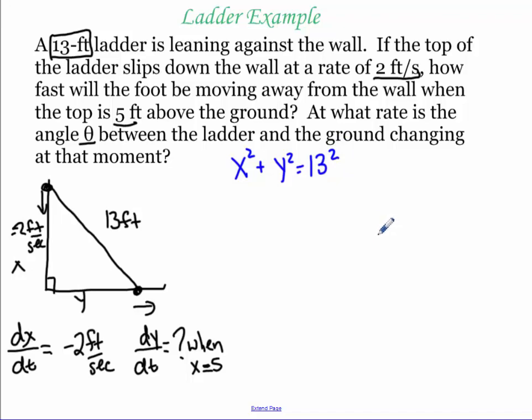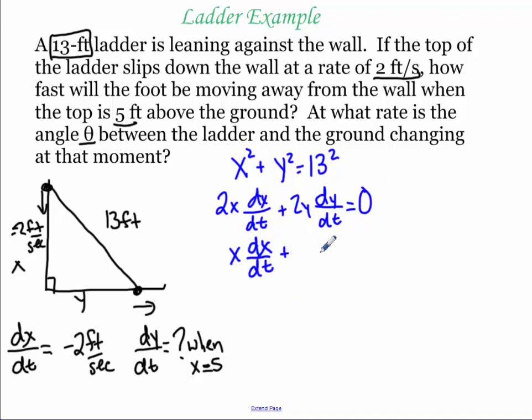Okay, so now we need to take the derivative of this. So 2x dx/dt plus 2y dy/dt, derivative of 13 is 0. If I divide everything by 2, really I have x dx/dt plus y dy/dt equals 0.